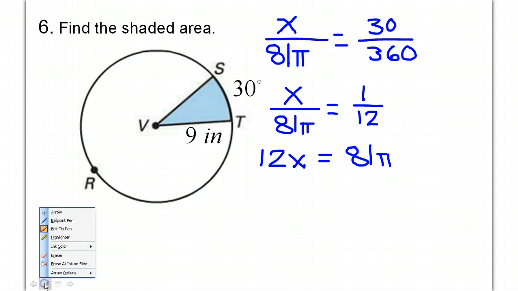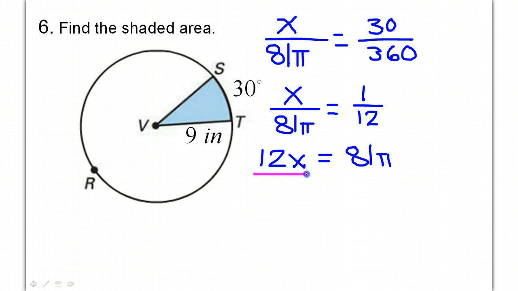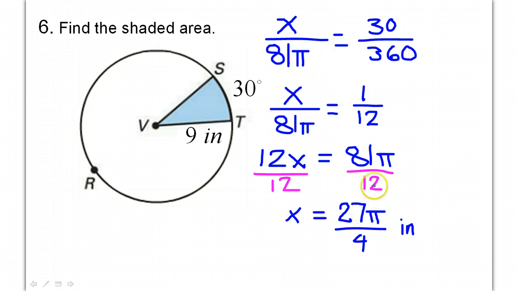Alright, last step, of course, is to divide both sides by 12. This reduces to 27 pi over 4 inches. So, that is the partial area, so that is the exact answer to this question.